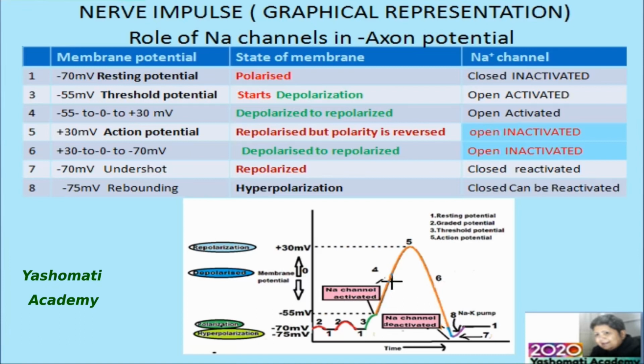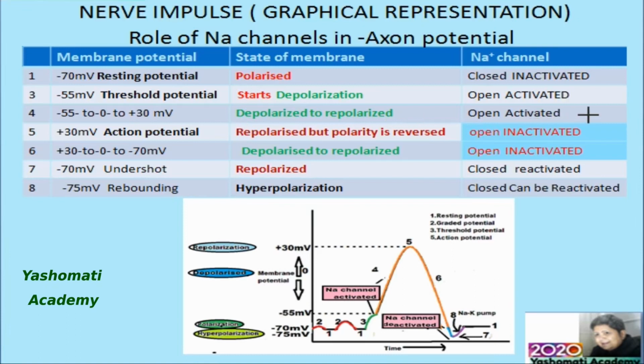So, by the time the potential difference is at 0, a lot of sodium has already come in. Because of that, the potential difference goes up to 30 millivolt, and now there are more positive ions toward the inner side. So, because of that, the membrane gets repolarized.